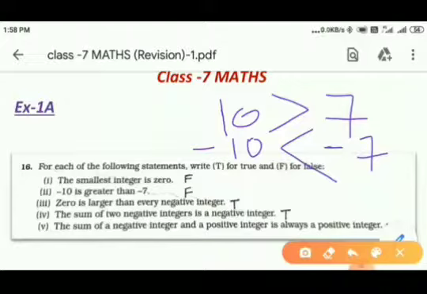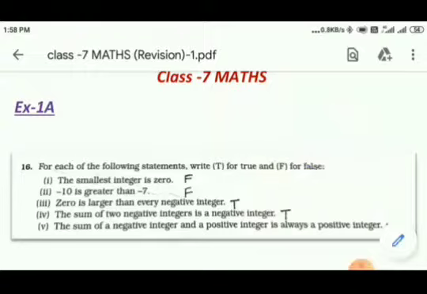In short, with the negative sign, the bigger the number, actually the smaller it is. So minus 10 is smaller than minus 7, not greater. That's why this statement is false.